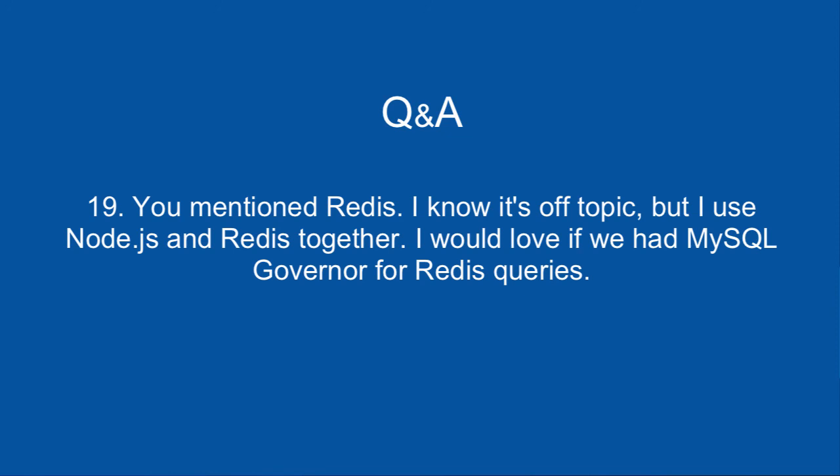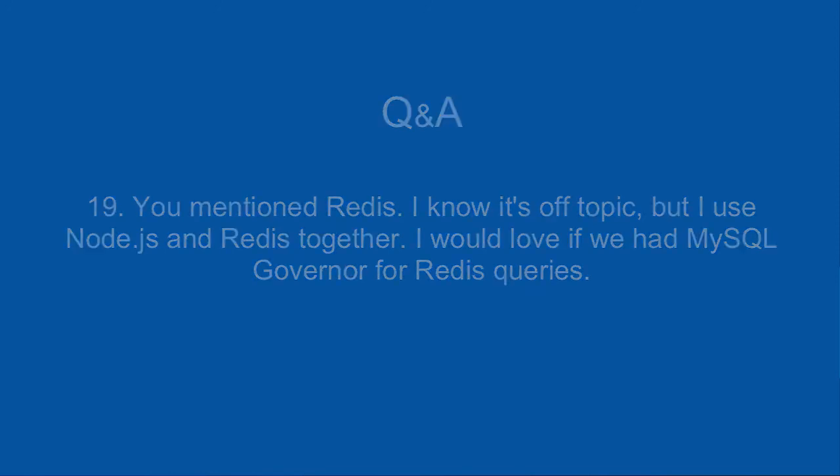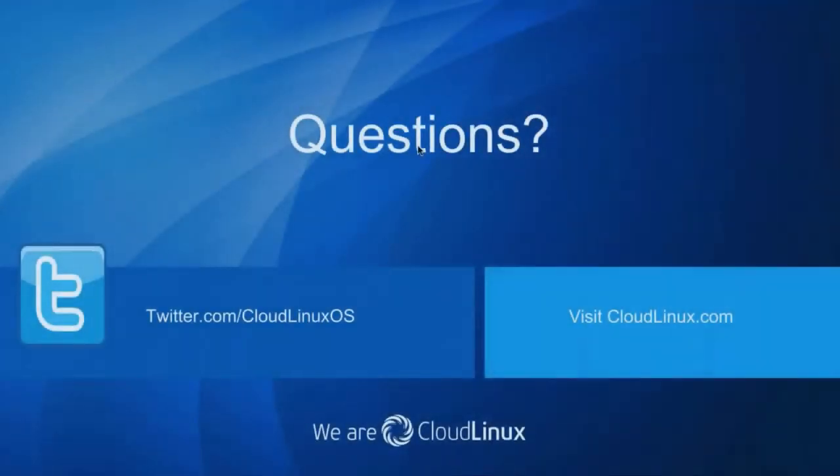What we're planning to do is that MongoDB and Redis will be installed in individual LVEs so that each customer will have their own installation of MongoDB and Redis. As a result, there will not be any security issues and everything will be throttled by LVE, so you don't need a separate governor for that.